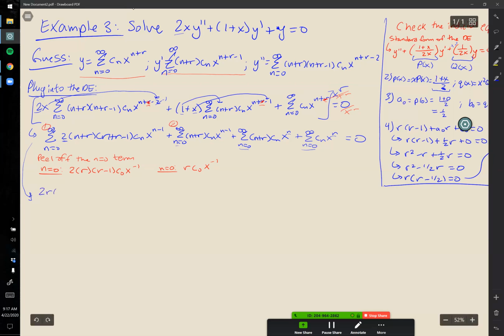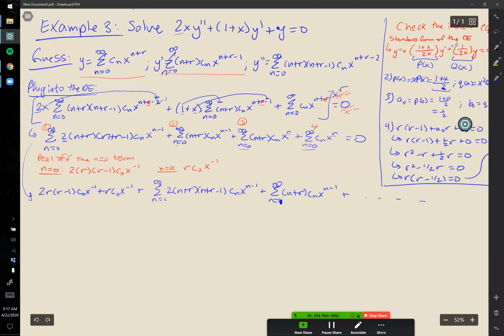So now I have 2r minus 1 c naught x to the negative 1 plus r c naught x to the negative 1 plus the series now, all this junk starting at 1: 2n plus r, n plus r minus 1, c n x to the n minus 1, plus the series starting at 1, sorry, of n plus r c n x to the n minus 1, plus series number 3 and series number 4.